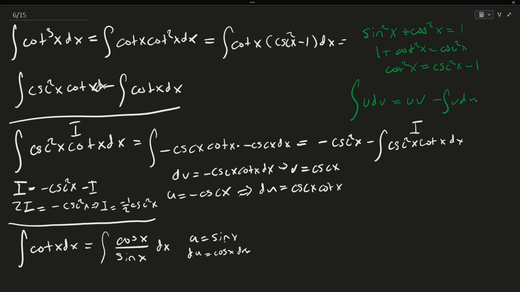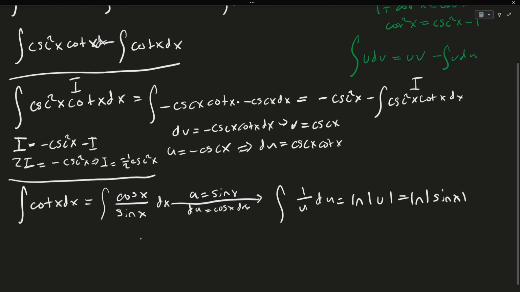So this just is going to become the integral of 1 over u du. So this is the natural log of the absolute value of u, which is equal to the natural log of the absolute value of sine of x.